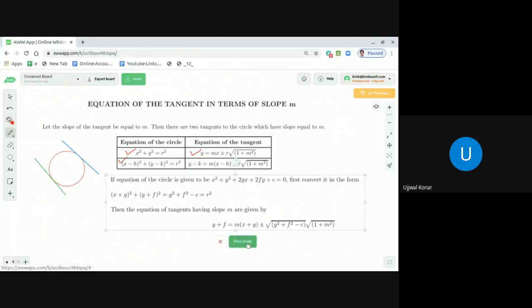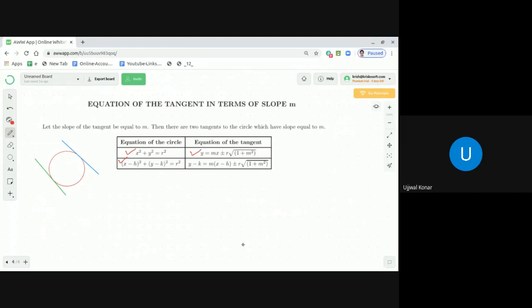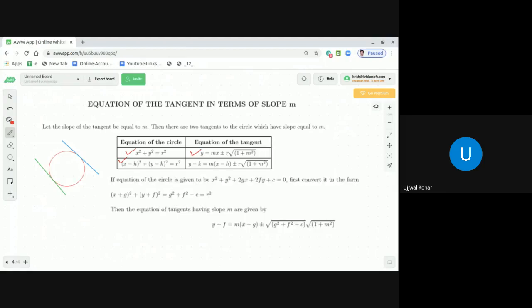If the equation of the circle is given to be x square plus y square plus 2gx plus 2fy plus c equal to 0, first convert it in the form x plus g whole square plus y plus f whole square is equal to g square plus f square minus c, that is equal to r square. Okay, because this is the same form as this.